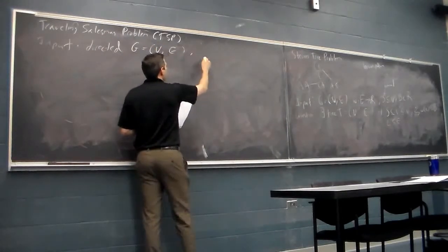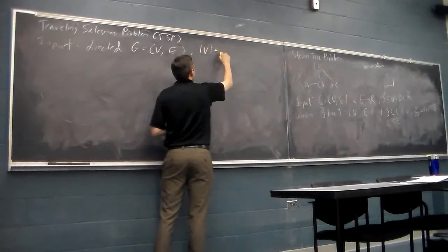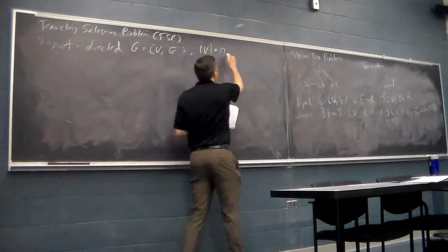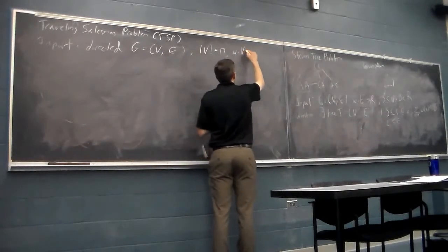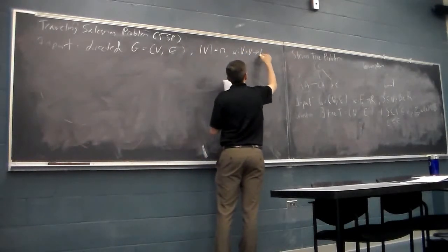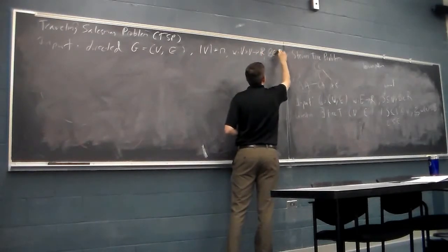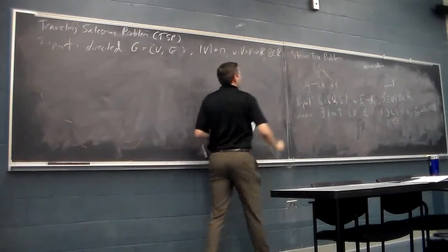We're going to assume that we've got n vertices. Let's say the vertices are v1 through vn. We're going to have a weight function, V cross V to R. And we're going to have a bound, v in the real numbers.